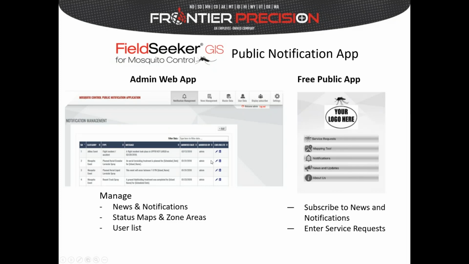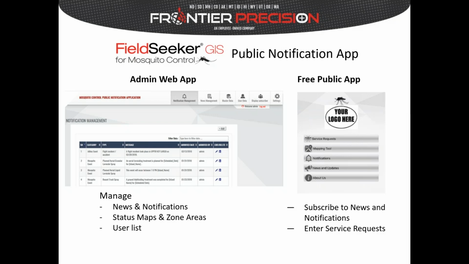The public notification app is a cloud-based system and comes with a web app, which agency personnel use to manage information that's provided to the mobile app. And then residents download the free Apple or Android app and subscribe to receive notifications for their specific area. The public can enter requests for mosquito control services by using the GPS location on their mobile device, or they can just click their location on a map.